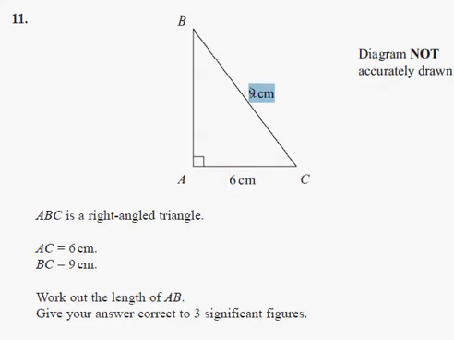This side here, the longest side in a right-angled triangle, it's called the hypotenuse, and although I wouldn't remember it that way, I remember it as the side opposite the right angle. Whenever you see a right angle, the side opposite that is called the hypotenuse. That's just the name for it.